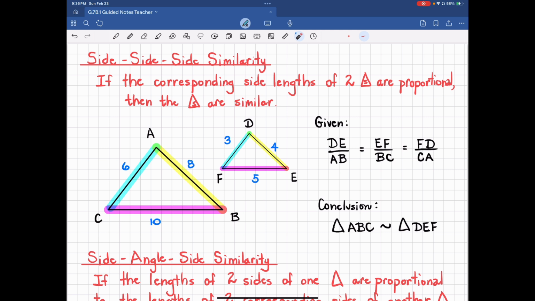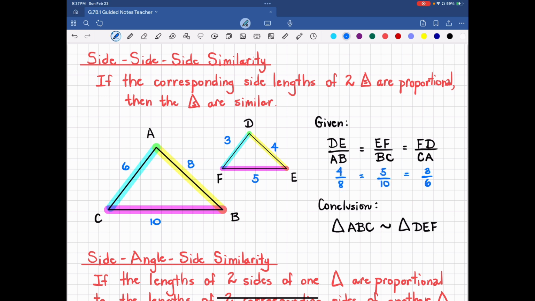So I wrote the proportionality statement saying that DE goes over AB, EF goes over BC, FD goes over CA. If I substitute in the numbers, DE is 4, and 4 goes over AB, which is 8. EF is 5, and 5 goes over BC, which is 10. And then FD is 3, which goes over CA, which is 6.